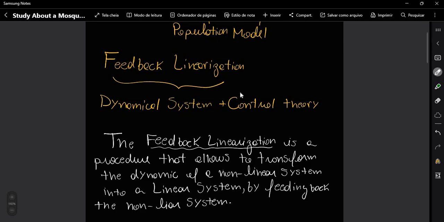I say that this is a method, and this is a model. So this is a model, and the method used to control the mosquito population is the feedback linearization.